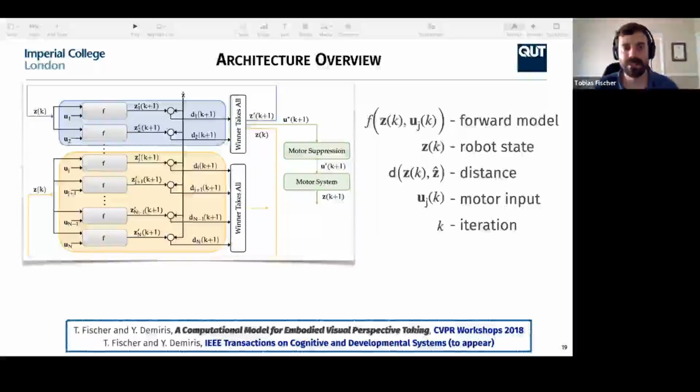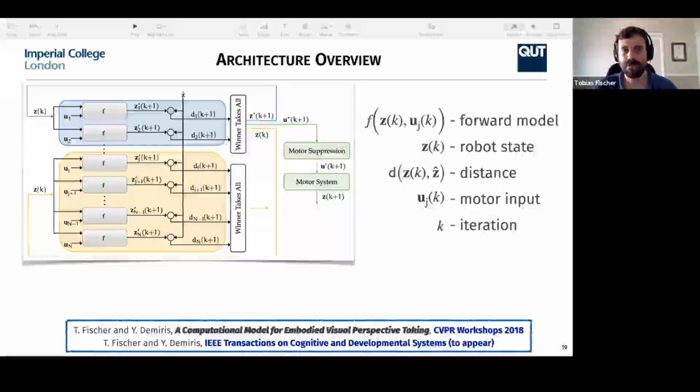And then that state Z_i, you can compare to the target state, Z hat, from the target robot. After the comparison, you get a bunch of difference vectors: how different is the estimated pose from the target pose? And then you simulate the control command that gives you the lowest estimated difference, and you do that in a loop.